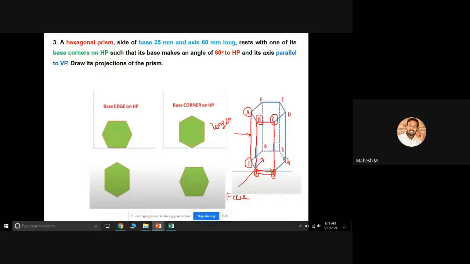Okay, for a hexagonal prism, how many rectangular faces will there be? Roll number 17. What is your name? Daniel, sir. Daniel. Okay. So what is the total number of rectangular faces available in a hexagonal prism?